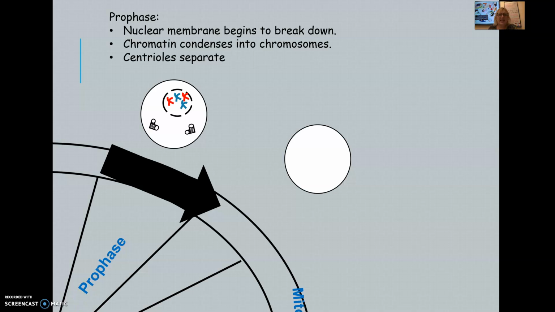But for now, just kind of place them starting to separate from one another. The last thing that happens is the spindle fibers attached to the centrioles begin to appear. So I just drew a few little lines coming off of the centrioles. Okay, this would be a good place to pause if you need to catch up.